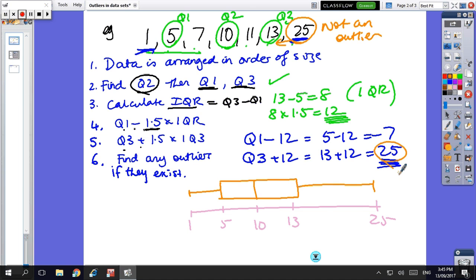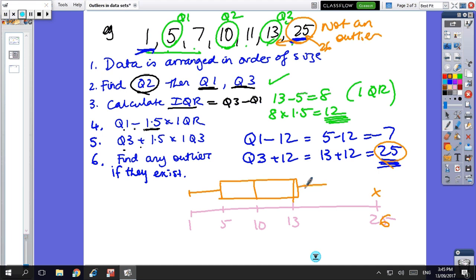Now, if it didn't scrape in, say that number had been 26 and we were just out, then 26 could be an outlier, and the top score is 13.